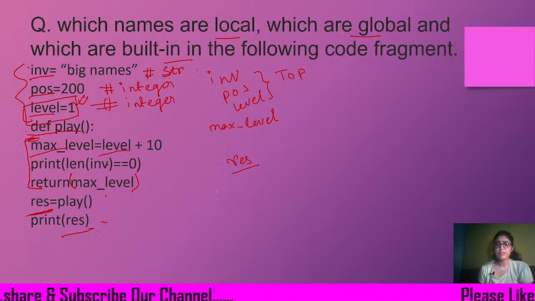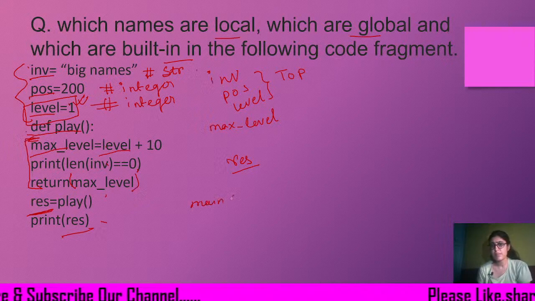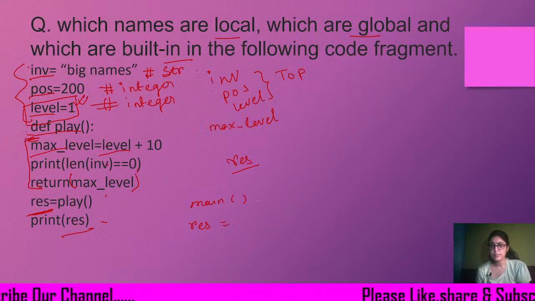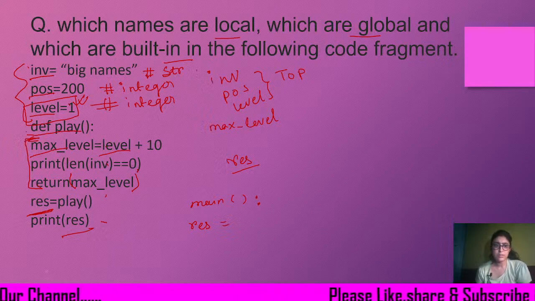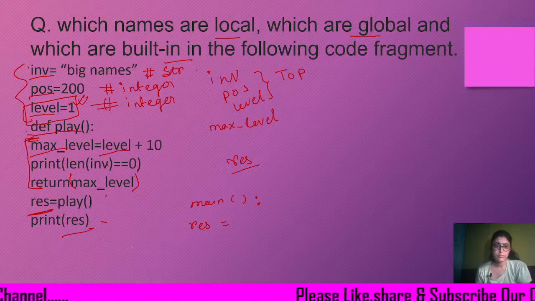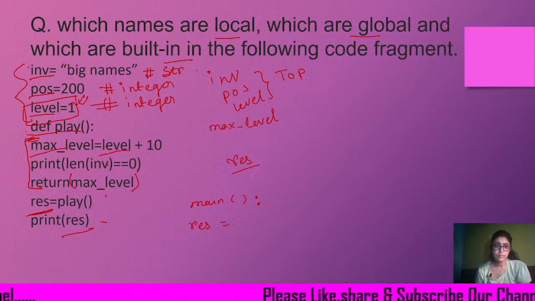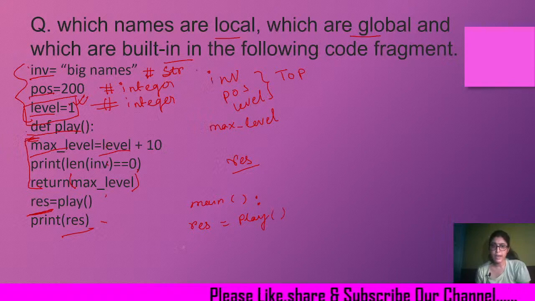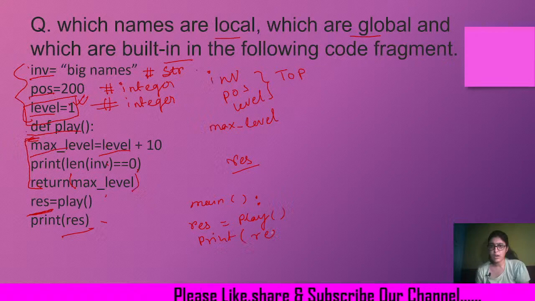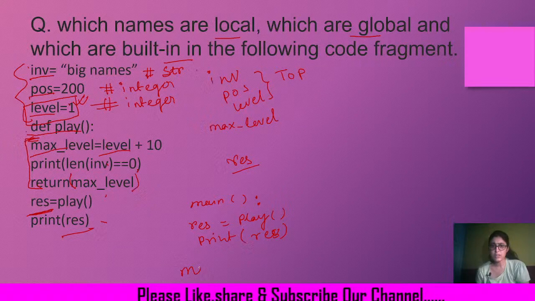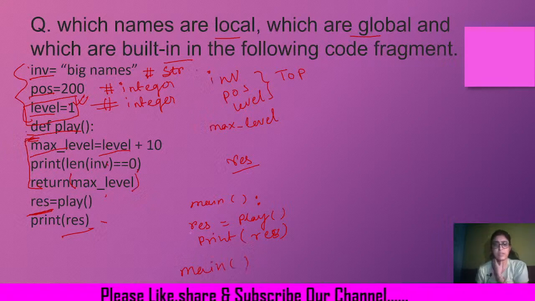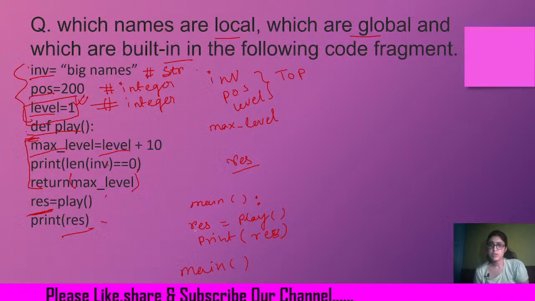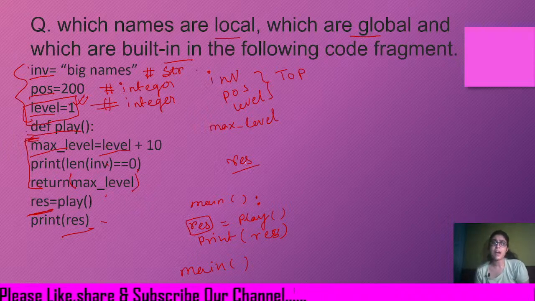Now if I write a main function, and inside this main function I write res equals to play and print res, and then call the main function from outside, this way also we can write the code. Then this res will become the local variable.